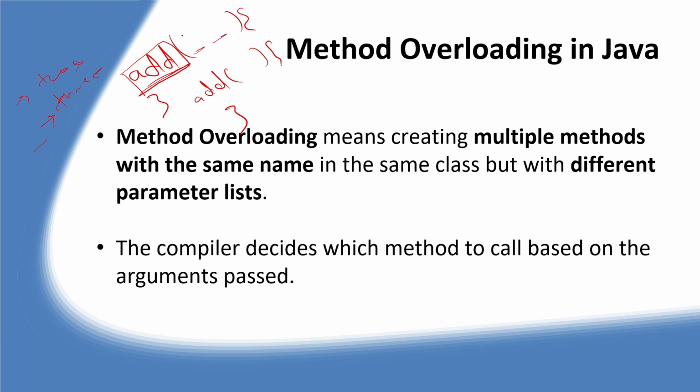For two numbers we will define two parameters. For three numbers we will define three parameters, but the method name will be the same.